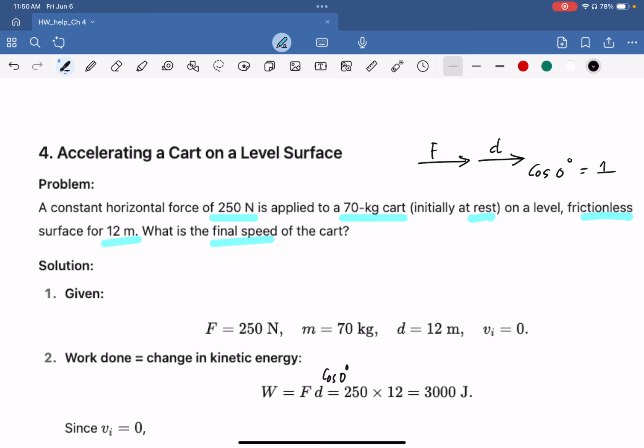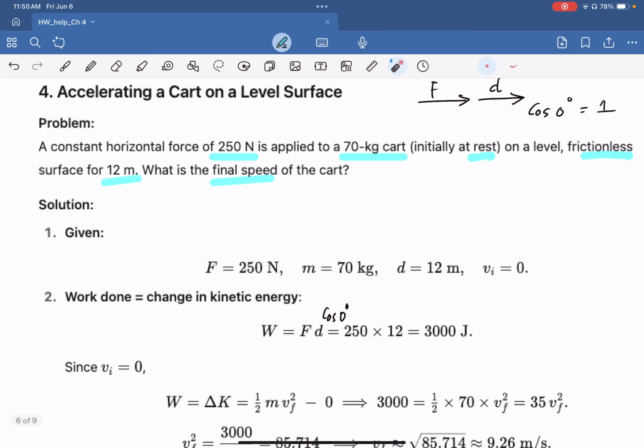Okay, going back to the question. We now have the work done, but we know that the work done is also the change in kinetic energy. Now, the initial velocity is 0. This triangle shows change. Whenever you see that triangle, it stands for change.